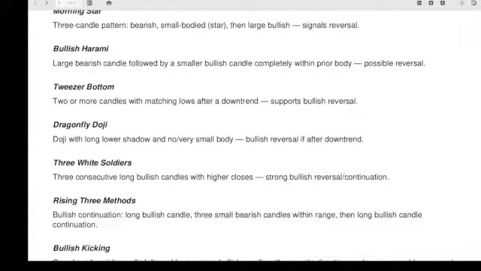Okay, so now I'm going to upgrade my bearish candlestick pattern. But you can see it had the three soldiers there. So just give me a second. You know, you can take notes.